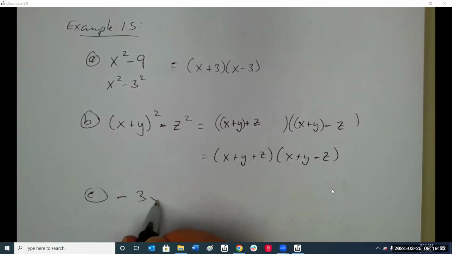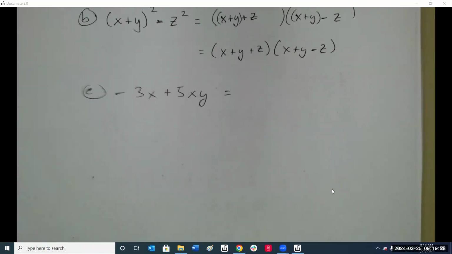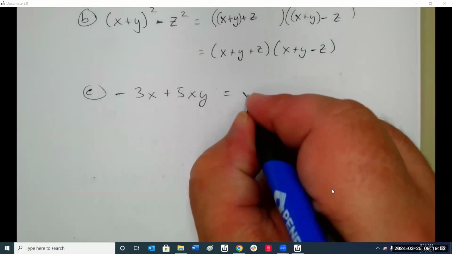How about negative 3x plus 5xy? Since there aren't any exponents, we know it's not difference of two squares. So we look at, do they have anything in common? Yeah, they have an x in common.